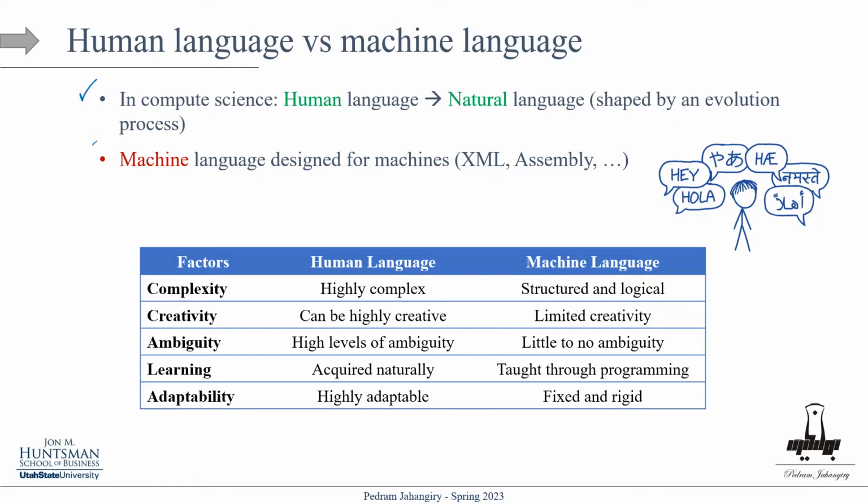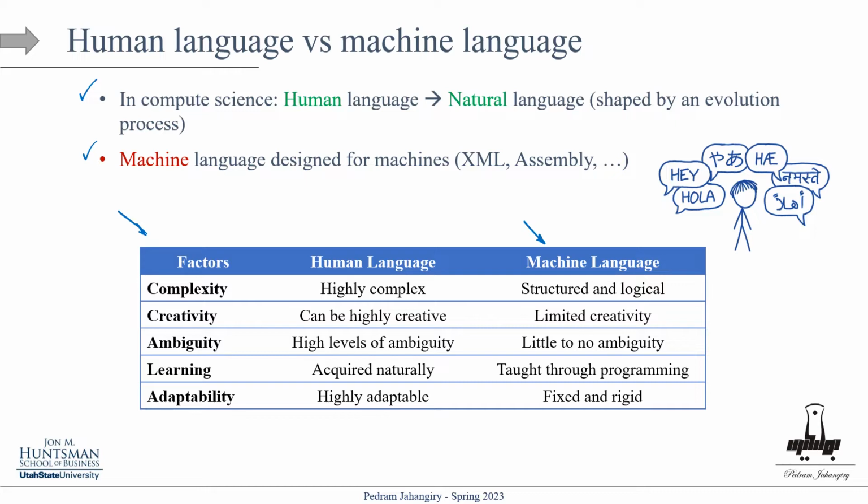However, machine language is designed for machines, like low-level programming languages such as XML, assembly, and so on. So here is, at a very high level, how machine language is different from human language, and this is the case as of today. These things, especially on the machine language side, might change. No, actually, will change, it's just a matter of time.